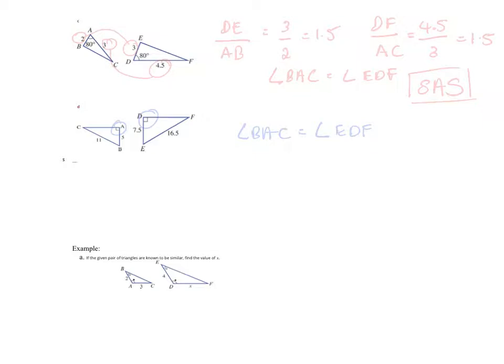Well, here is the hypotenuse. All right, so let's check that out. The hypotenuse there in the bigger one is from E to F. What is the hypotenuse in the smaller one? It is from B to C. And what do we get when we work that out? 16.5 over 11.